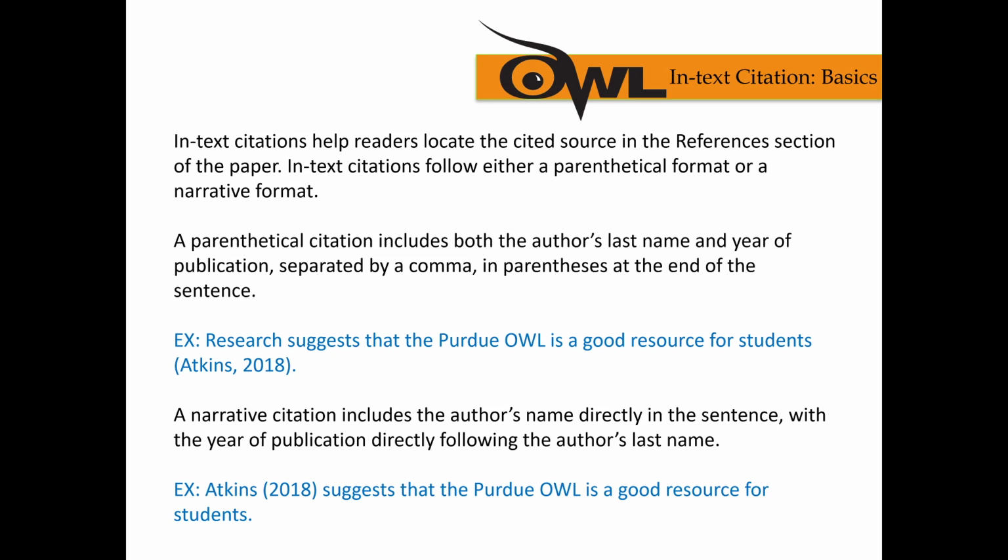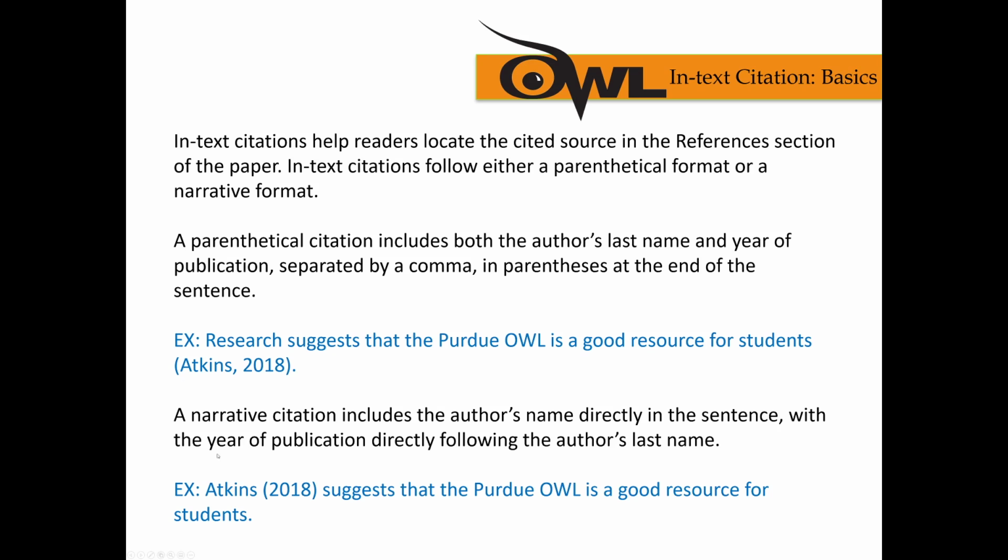In-text citations help with locating the cited source in the reference section of the paper. So the in-text citations, those little brackets, like you see below here where it says Atkins 2018, think about it like a legend for a map, and it tells you what the symbols represent.